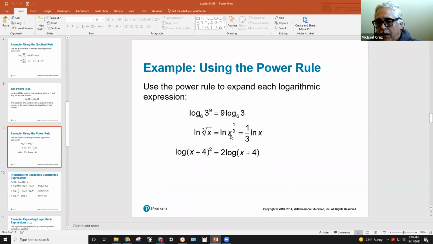Well, it can be written as x to the 1/3 power. So then when we do that, we can take it as a power and move it up front to multiply. And it doesn't really matter what the logarithm is acting upon. In this case, it's the log of x plus 4 squared. So the 2 comes out in front of log of x plus 4.